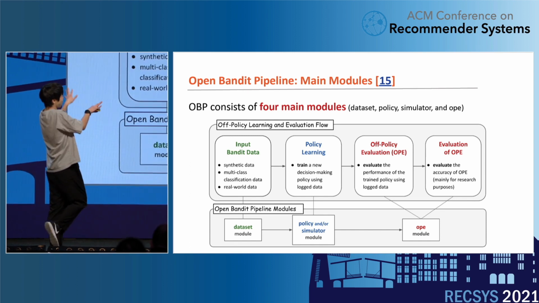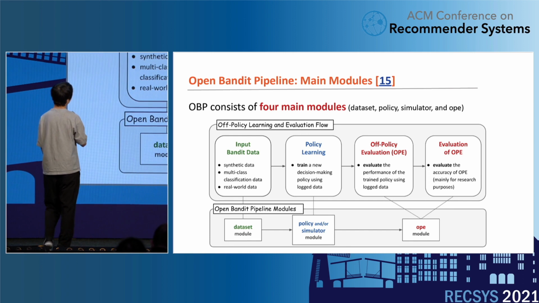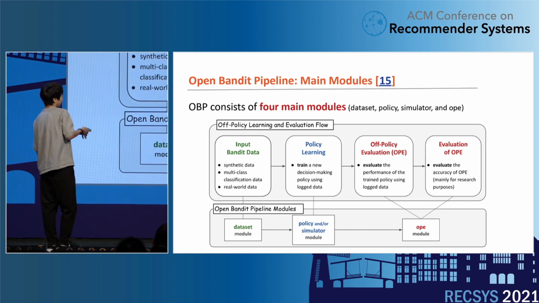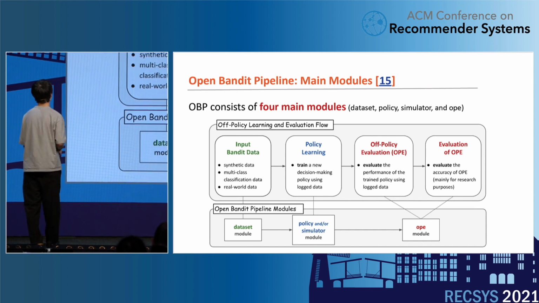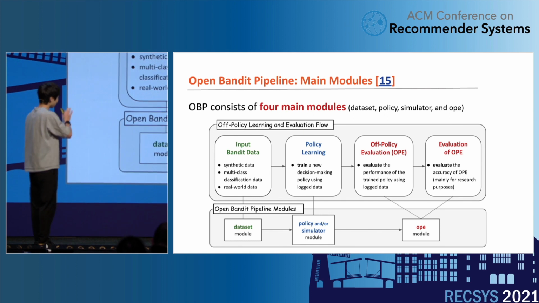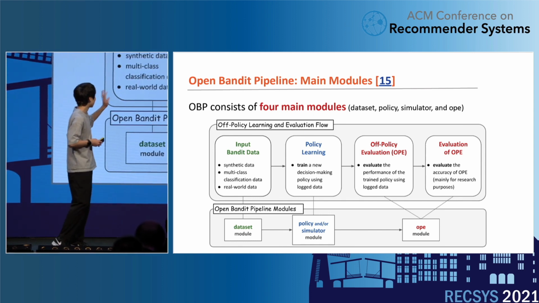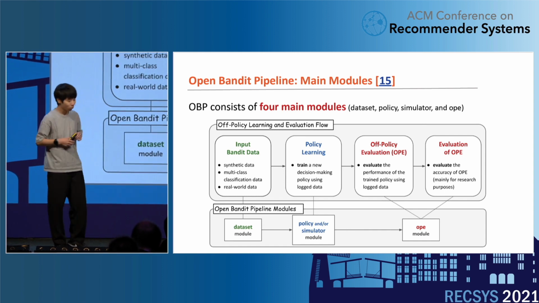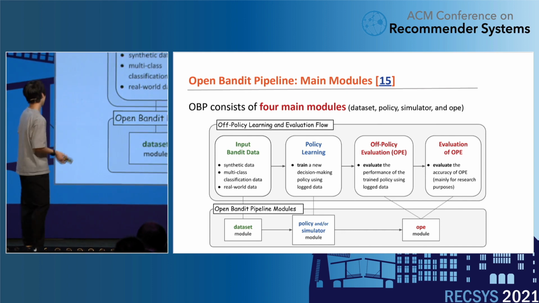By combining these modules, we can simply construct a standard off-policy learning and off-policy evaluation flow. We first input bandit data. We can handle synthetic data, classification data, and also real-world bandit data with the pipeline, which is good. Then we run new policies, aiming at maximizing the policy value, the performance of the decision-making policy.